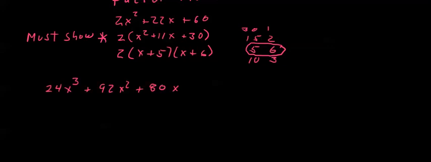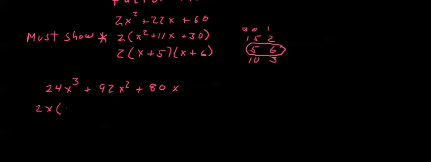All right, looking at this problem, 24x cubed plus 92x squared plus 80x, I see that I have a greatest common factor of 2x. Well, really, it's not 2x, but I'm doing this to show you something.